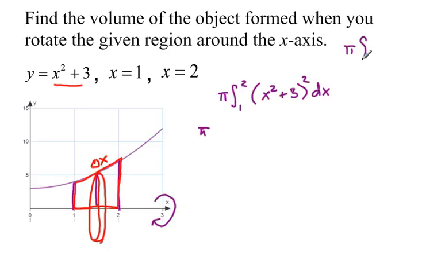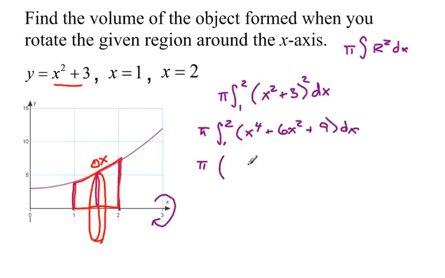You'll notice the pattern here is that we always have pi, the integral of r squared, d either x or y. All right, so pi, and before I can integrate this, I'm going to have to square this. So x to the 4th plus 6x squared plus 9 dx. So pi, and now I'm ready to integrate. 1/5 x to the 5th plus, let's see, that's going to be 2x cubed plus 9x from 1 to 2.